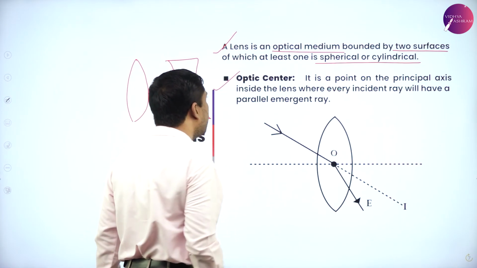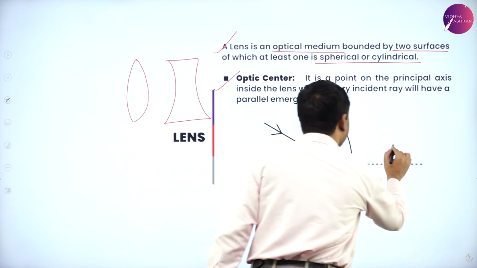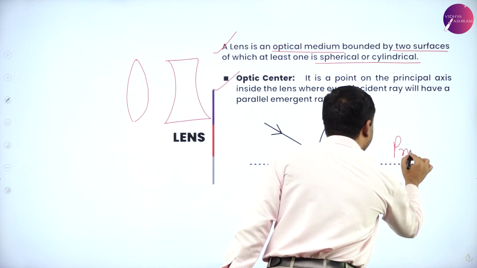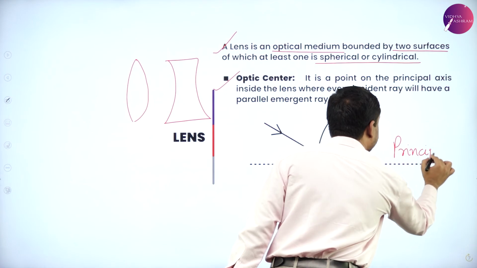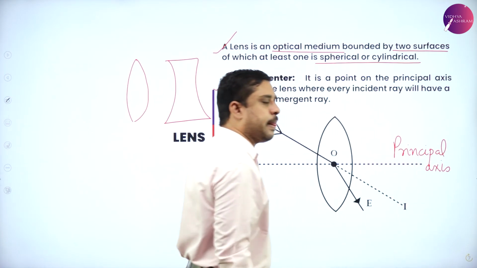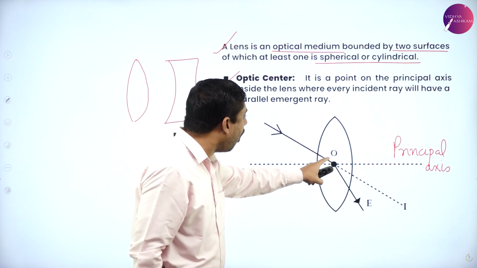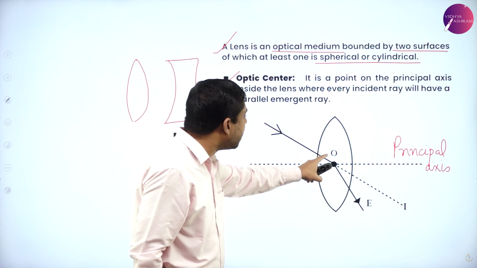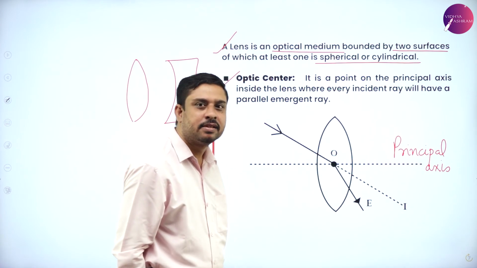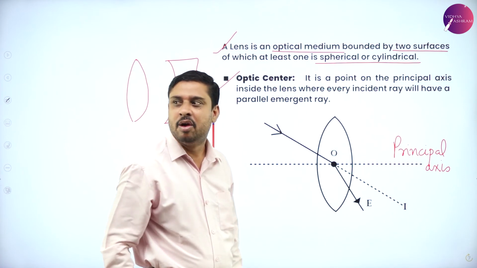Next we study the optic center of a lens. So this is the principal axis. The optic center is a point on the principal axis inside the lens. Very important.